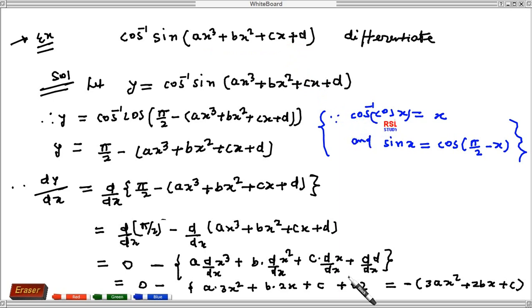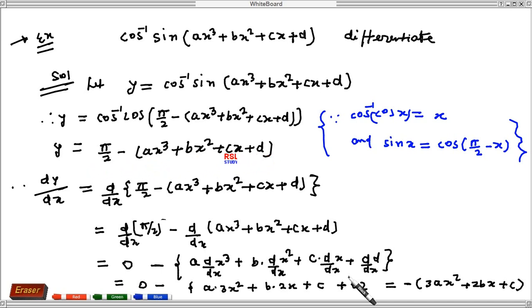So we know that cos inverse cos x is equal to x, and sin x can be written as cos of pi by 2 minus x, means this can be written like this. Suppose that for a moment we think that this is x, so this is sin x, so in terms of cos this will be written like this. This is the same thing as this, and cos inverse cos x is x. Suppose that this is theta, then cos inverse cos theta will be theta.